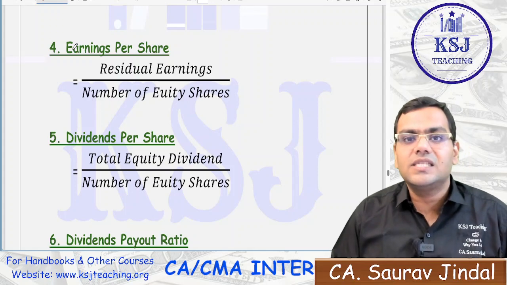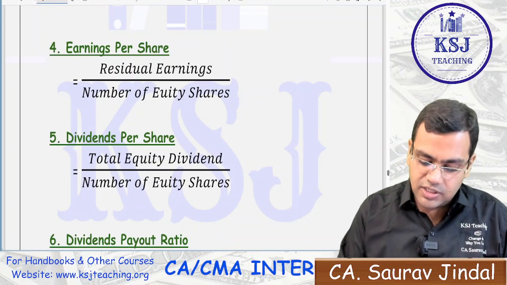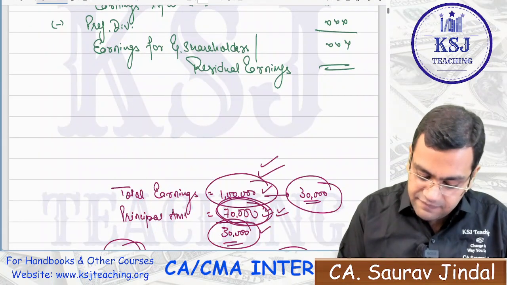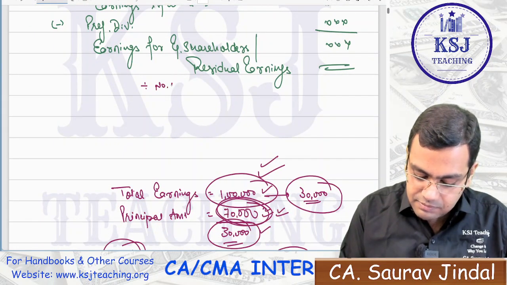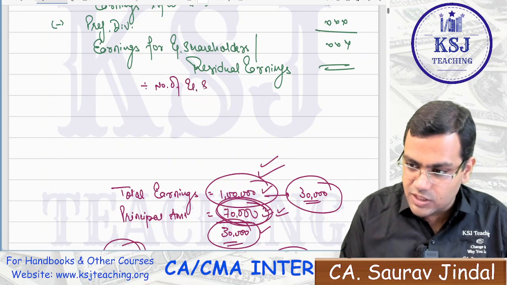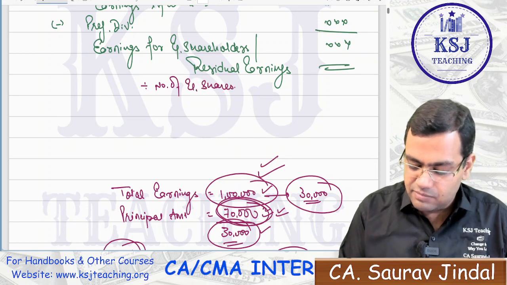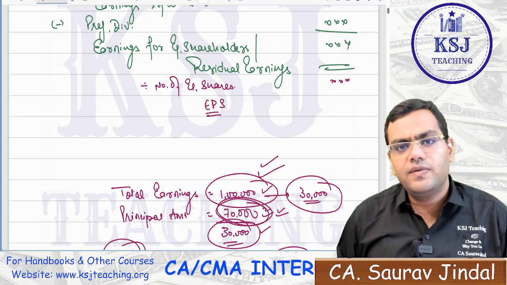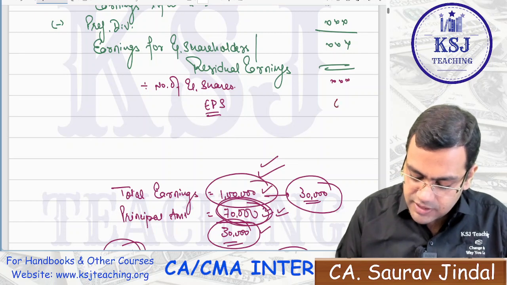What is earnings per share? Residual earnings. What is residual earnings, sir? I just told you. If I divide these residual earnings by the number of equity shares, what I will get is the earnings per share, right? Now, let's say the earnings per share is 6 rupees.